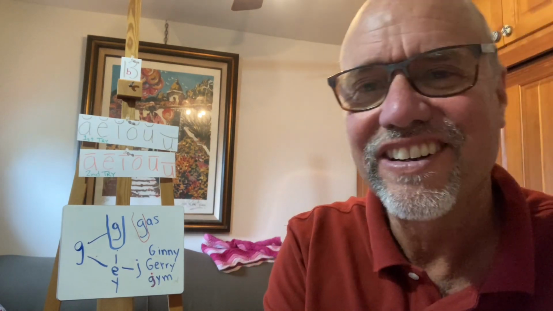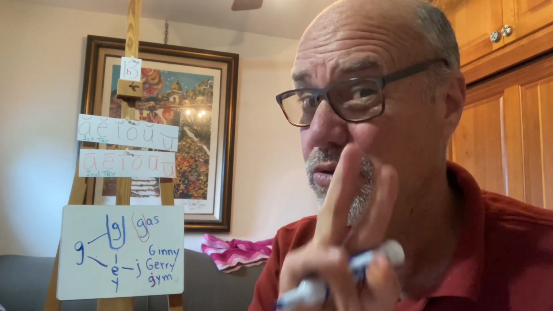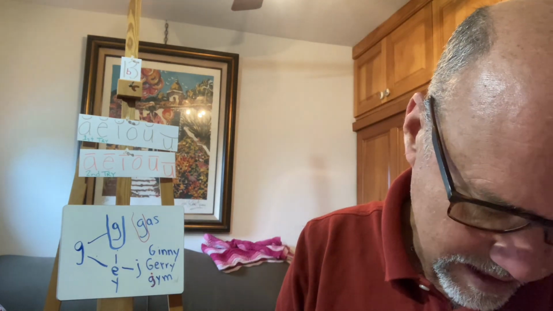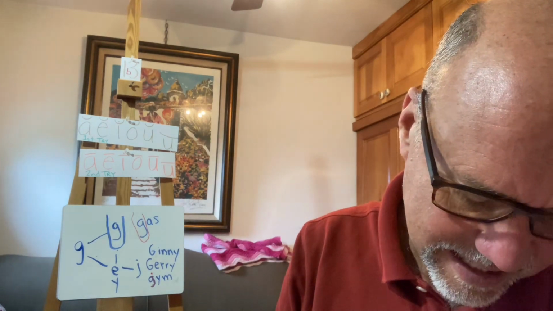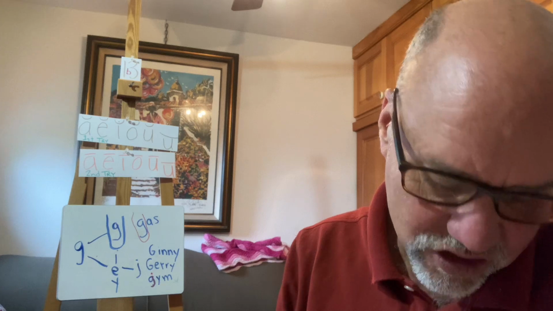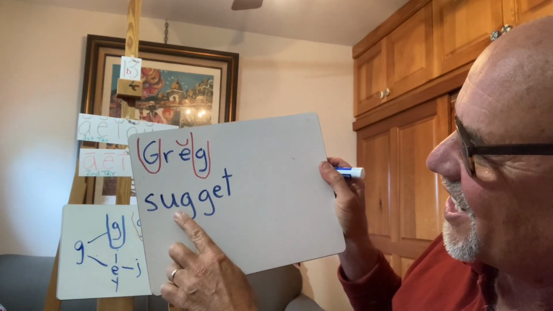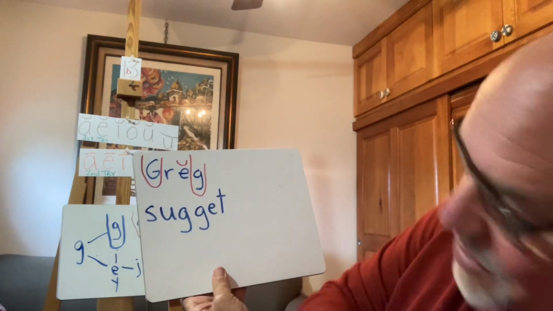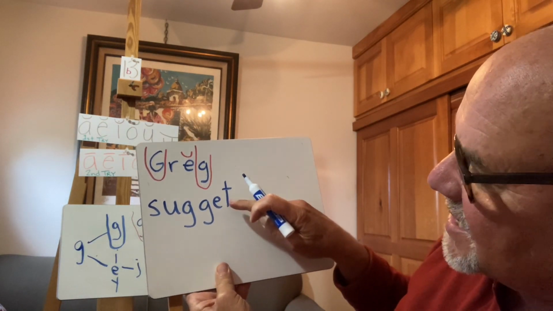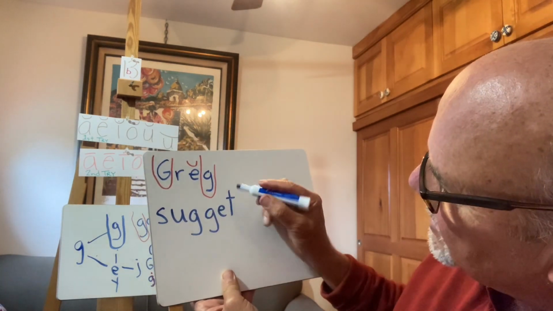Next word is going to be suggest. Can you hear it all? Suggest. It's going to be two G's. I made a happy mistake. Ready? Sug. So it uses its own sound. Jest. And I forgot to put this jest. You see, I'm missing a sound. Instead of erasing, I'm just going to squeeze it in.